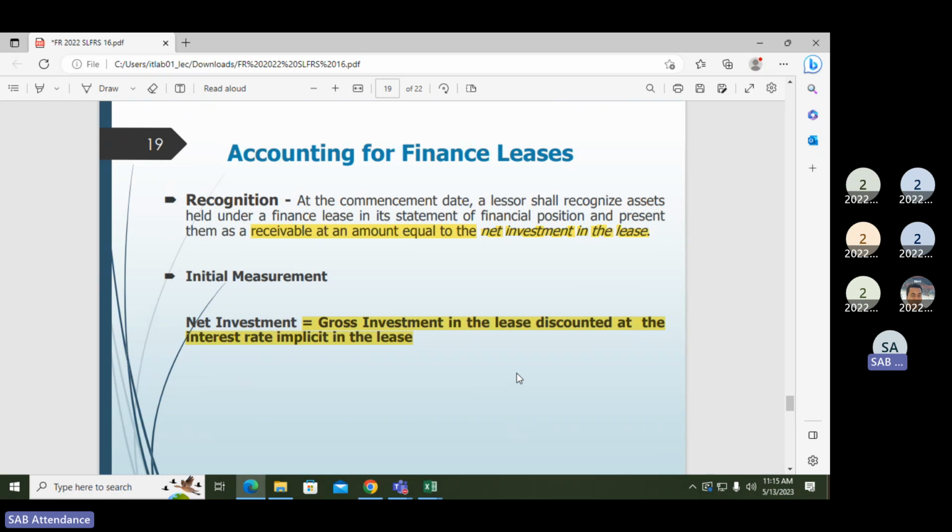Gross investment in lease basically means the lease rentals you are going to receive, the opposite of the lease payments. All those lease rentals plus any residual value, you discount and identify the present value as the lease receivable.